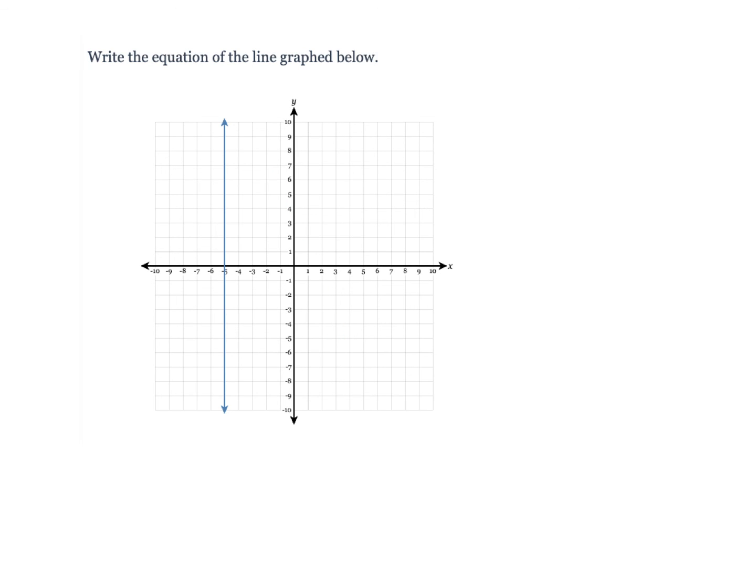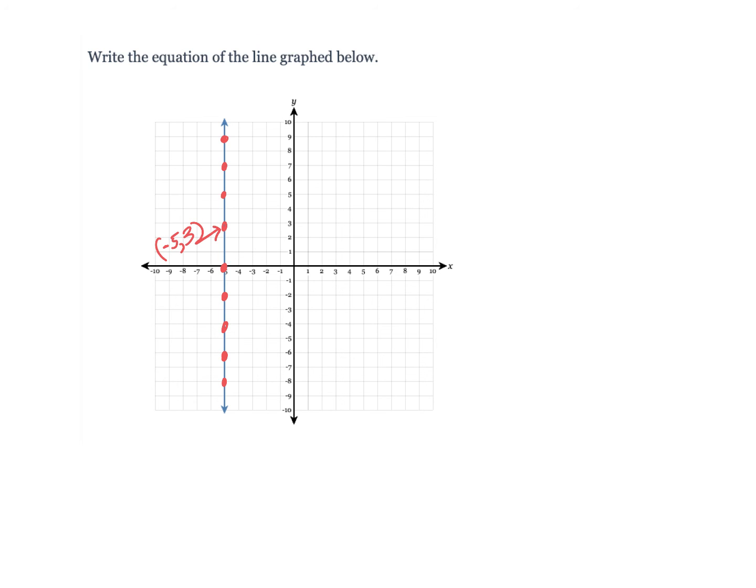Our last thing we learned yesterday, and these are the equations of horizontal and vertical lines. So one thing I want you to notice about this line, there are special cases, is that every single point on this line has the same x-coordinate. Identify what that x-coordinate is, and I think you can tell, I'll just pick a point here, that x-coordinate would be negative 5, and the y that corresponds would be 3.